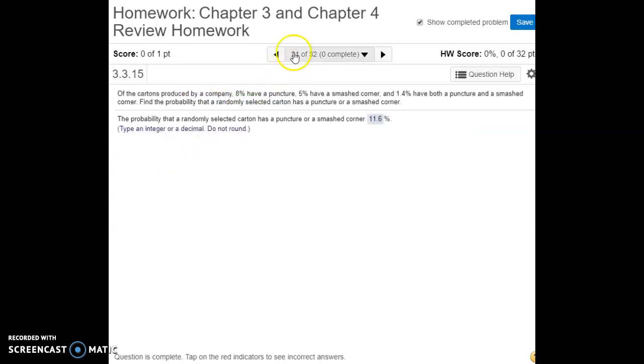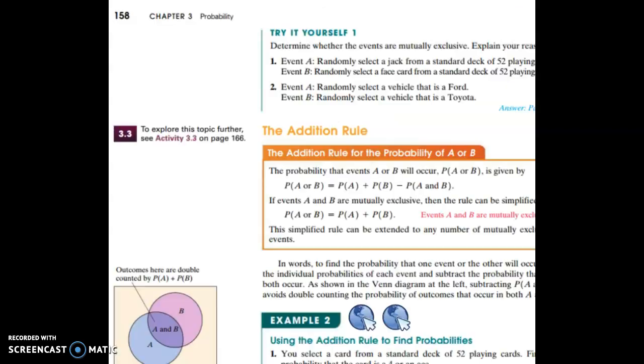old. Number 21, we're looking at the addition rule, which is what we use for OR probabilities. In this case, we're finding the probability that a randomly selected carton has a puncture or a smashed corner. And we're still in 3.2 here.